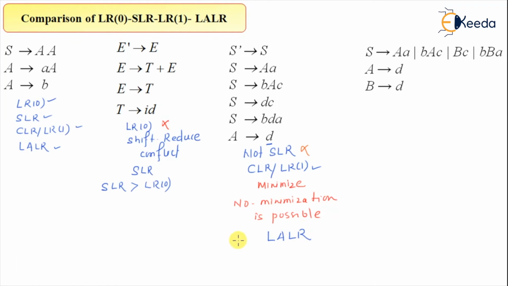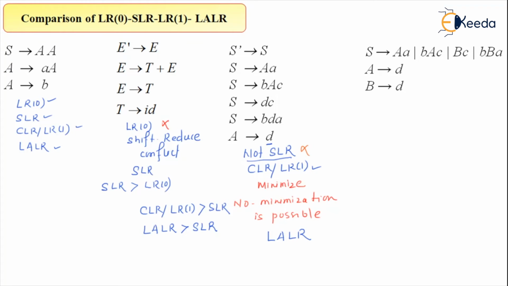Now we can say it is not SLR but CLR as well as LALR. So I can say that CLR or LR1 has more power than SLR, and this also concludes that LALR has more power than SLR. Both conclusions can be drawn because it is not SLR but in CLR and LALR.